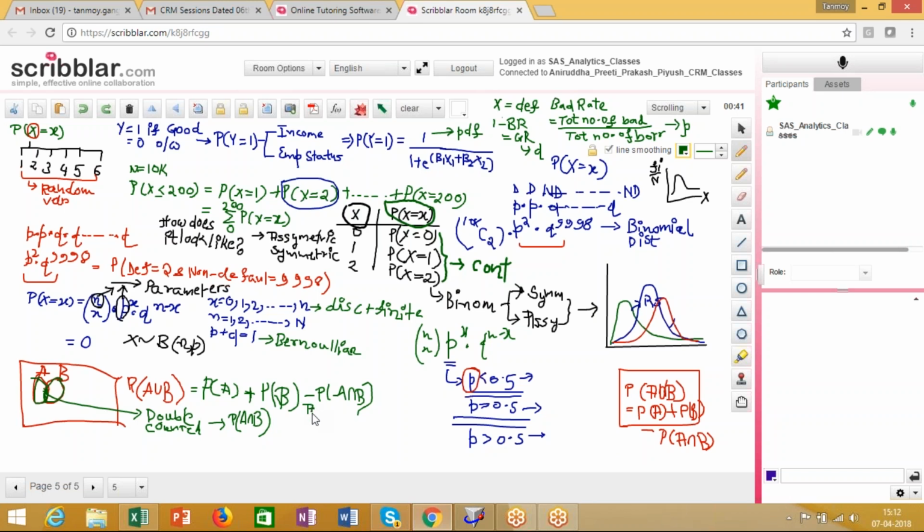The Poisson distribution is said to be a limiting form of the binomial distribution, and it can theoretically be shown that if n tends to infinity and p tends to 0, then np will tend to lambda, right?